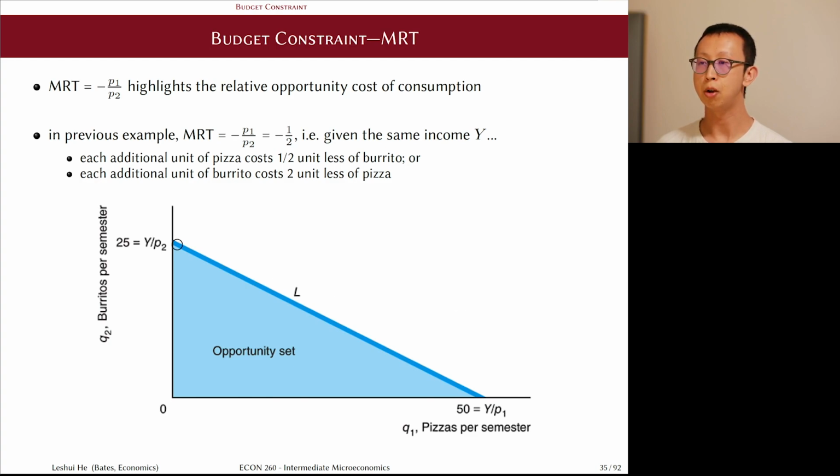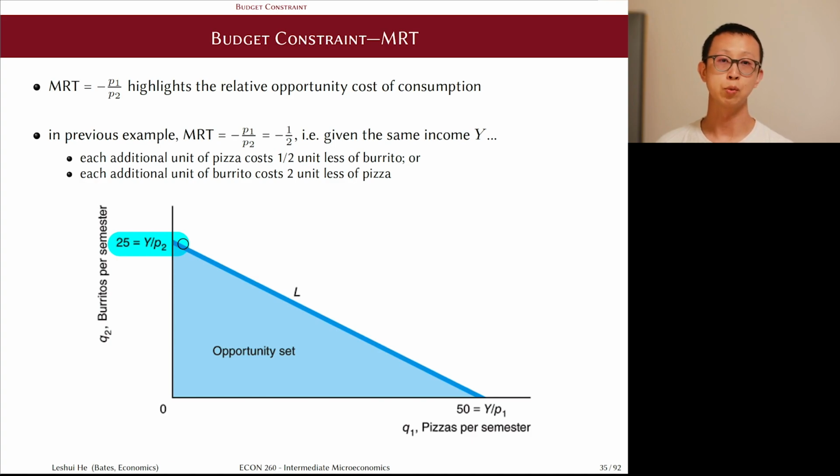So instead of spending all of the money on burritos at this point of the budget constraint, I would like to purchase one slice of pizza. Because our previous plan already exhausted the entire $50 budget on burritos, now we have to back off on the number of burritos in order to free up some budget to purchase the slice of pizza we want.